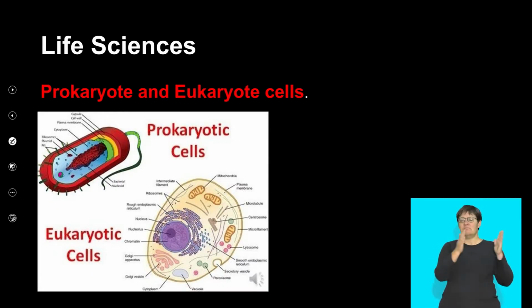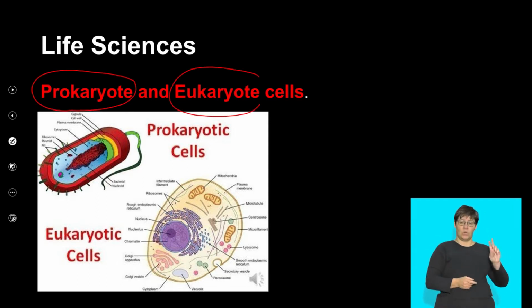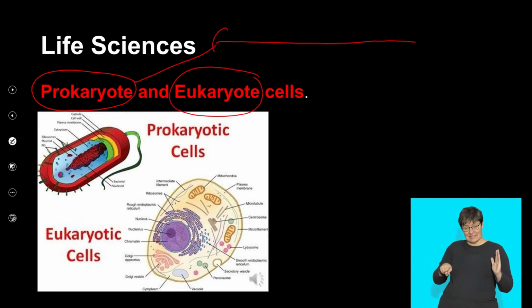Now, when we look at this concept of a cell, there's just two terms that we need to look at. A cell can be either a prokaryotic cell or a eukaryotic cell. What I mean by that is quite simply, if we look at a timeline throughout time, prokaryotic cells were one of the earliest living cells.